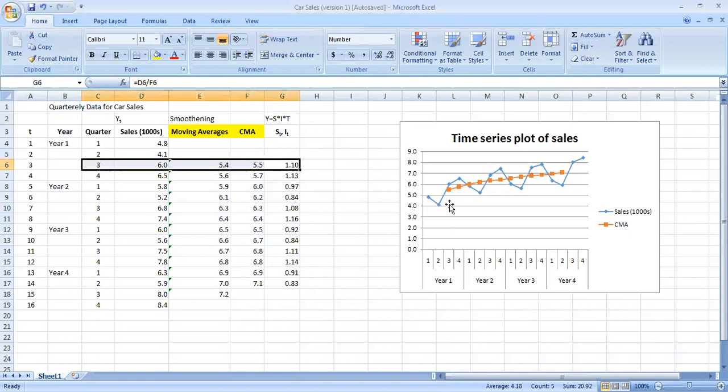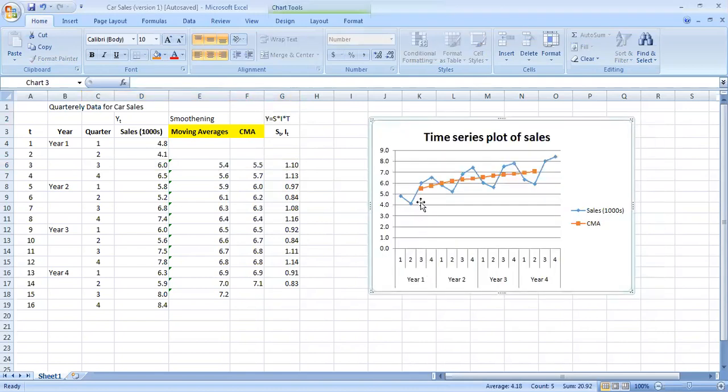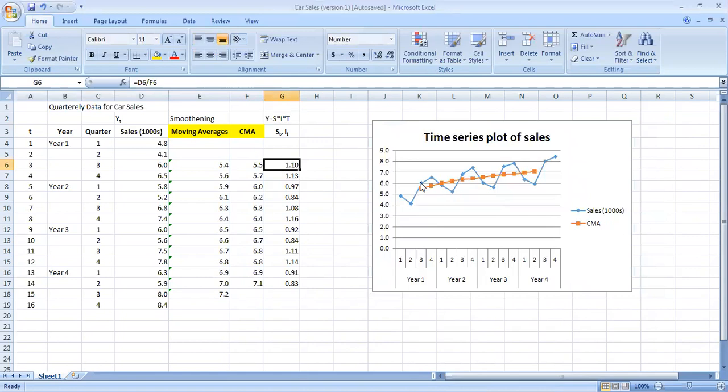When you look at year 1 quarter 3 in the time series plot, you have that particular plot of 5.5 here, and the 1.10 plot over here. What is meant by 1.10 is that the seasonal factor and the irregularity factor is 10% above the baseline. Is it clear?